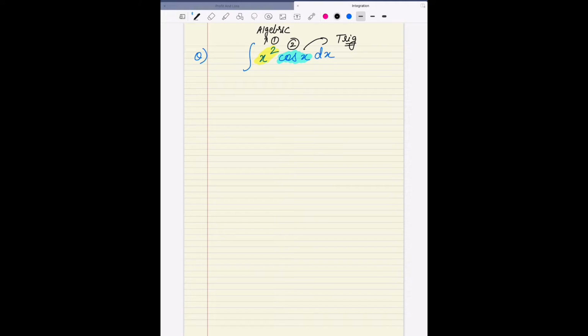Okay, so simply applying the formula, I will read and I'll do. We'll say keep the first function, integrate the second, minus whole integral of, put a bracket, differentiate the first into integrate the second, again whole integral.